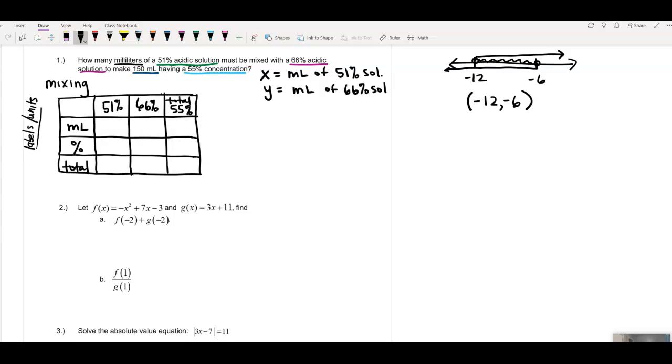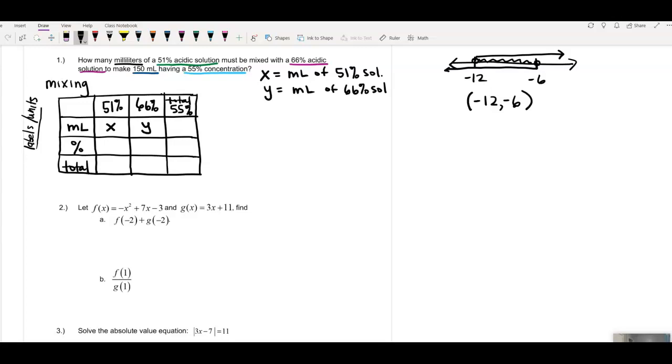So I don't know how many milliliters of the 51% solution I need, but I'm calling it X. I don't know how much of the 66% solution I need, so I'm calling it Y.